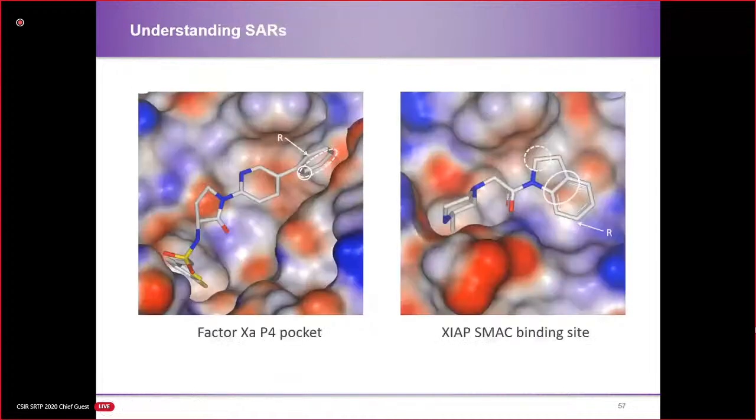Similarly, if we want to understand SAR, like how drugs interact with protein, it's quite useful to see that this is the area that interacts with the protein, and you can nicely see that here is the interaction that is happening to this tryptophan of the protein, and you can design molecules accordingly.